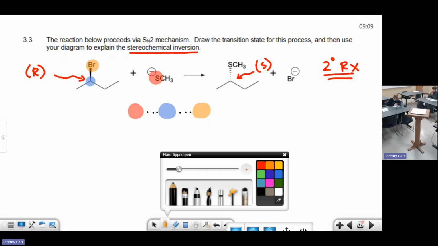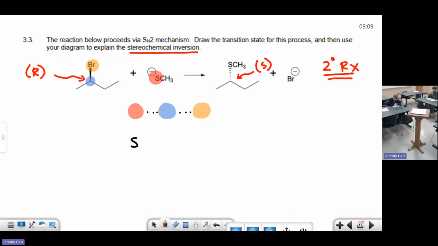So I might draw my nucleophile coming in from this perspective. I'm going to move the methyl group around to the other side of this. I know my carbon is going to be right there in the middle, and then my leaving group is going to be this thing. And I know there's going to be what we call a dative bond between the nucleophile and the electrophilic position, and then the electrophilic position and the leaving group right there.